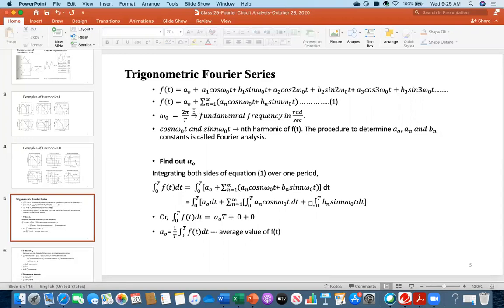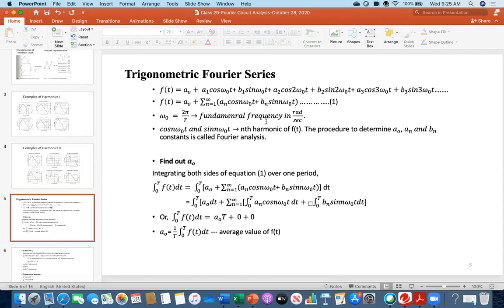If you can find out a naught, a1, and b n, then after finding them, you plug them into equation 1 and you are done. Therefore, in the Fourier series technique, when a function f(t) is given and you need to find its Fourier series representation, you just need to find three constants, a naught, a n, and b n, and then plug them into this equation. So that's the result.